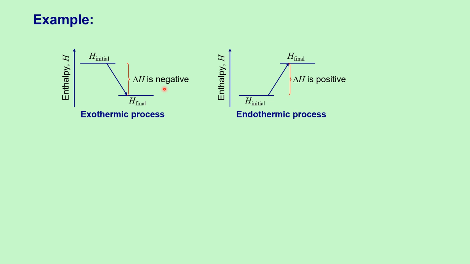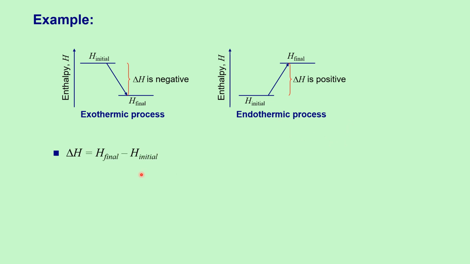When we look at the negative symbol, we know that the energy is released, so this process is called an exothermic process. The other way around, where the initial enthalpy is lower than the final enthalpy, the difference will give you a positive answer, meaning the energy is absorbed. This process is called an endothermic process.